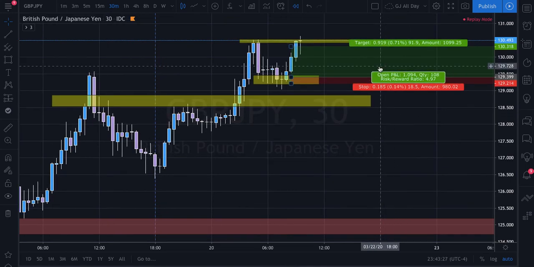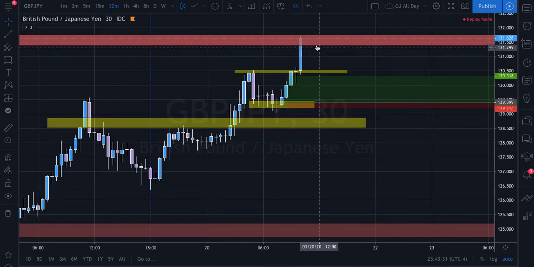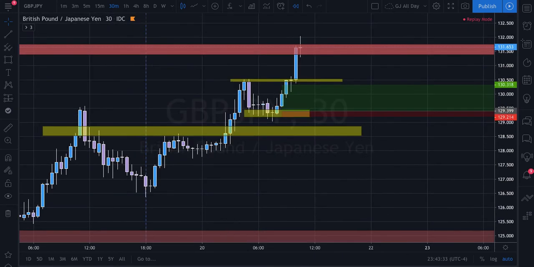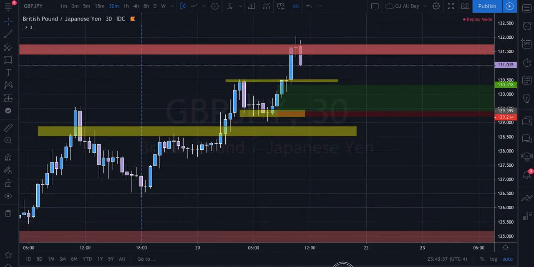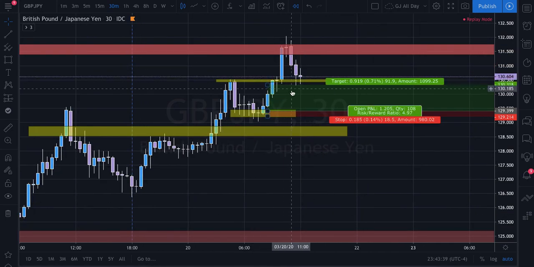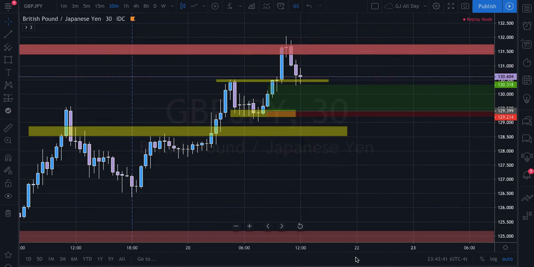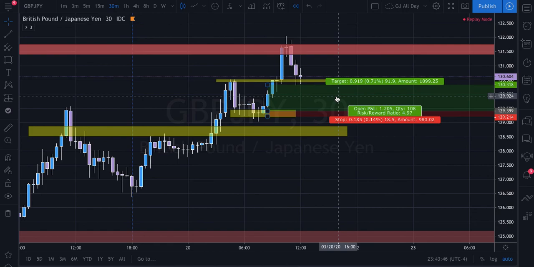And it went. It's probably going to break that just to fill the range. And it did. So, and I think that's it. That's it. That's our trade for the day. So, yeah, that's all I got.